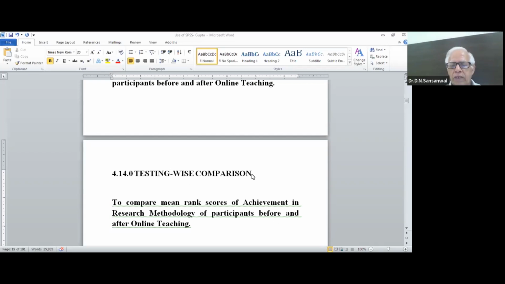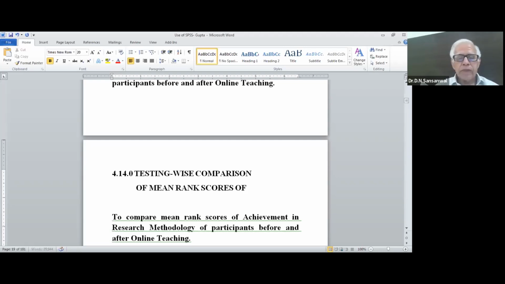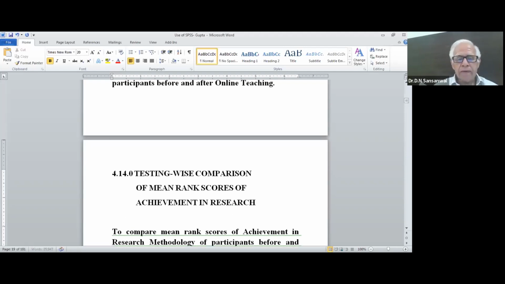So now testing wise comparison of mean rank scores of achievement in research methodology of participants.